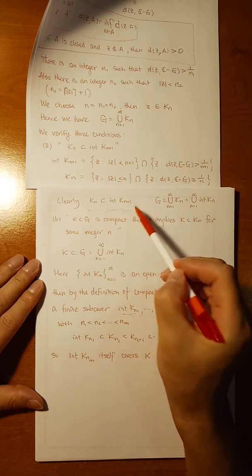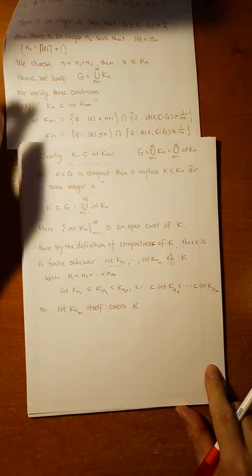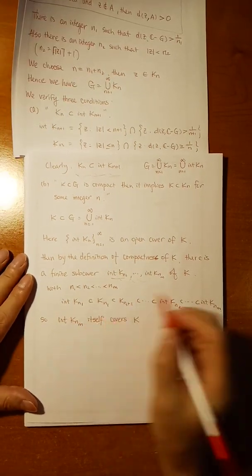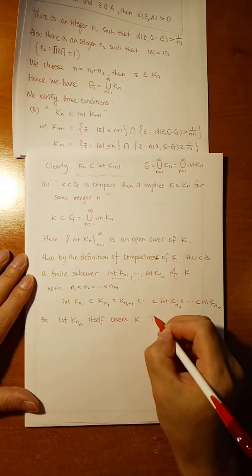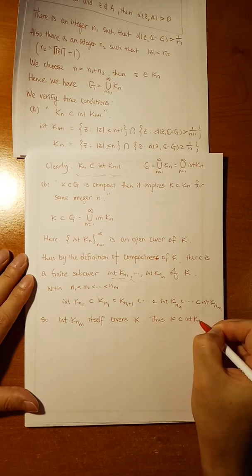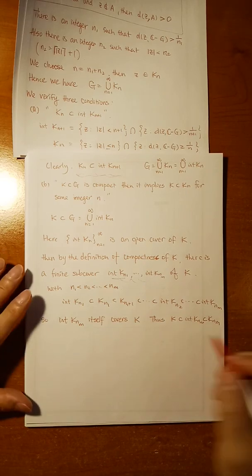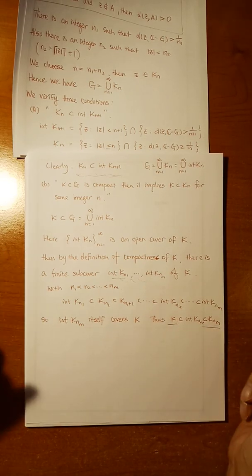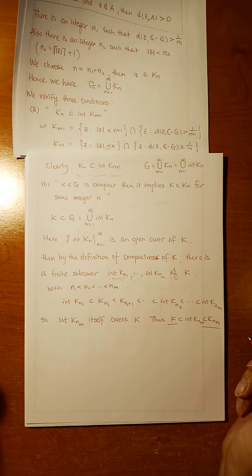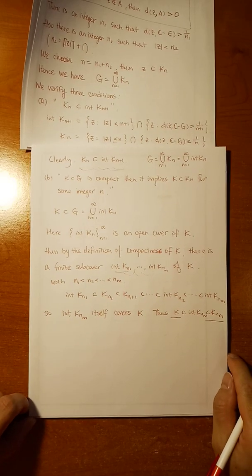Because of this condition, you only need one open set to cover K. K belongs to the interior part of Knm, and it's a subset of Knm. So K is a subset of Knm. Okay, so we proved the condition B. Okay, see it?